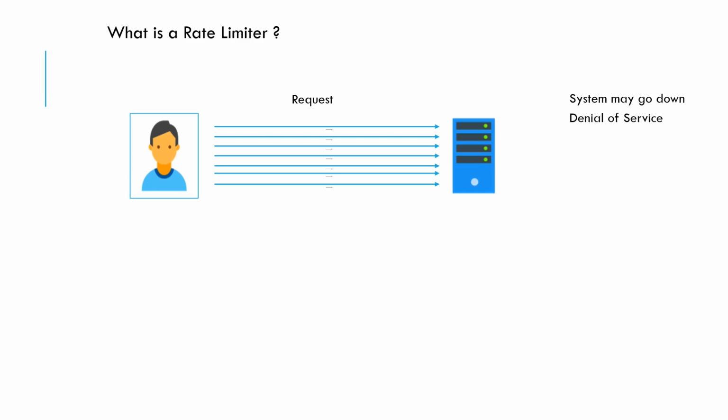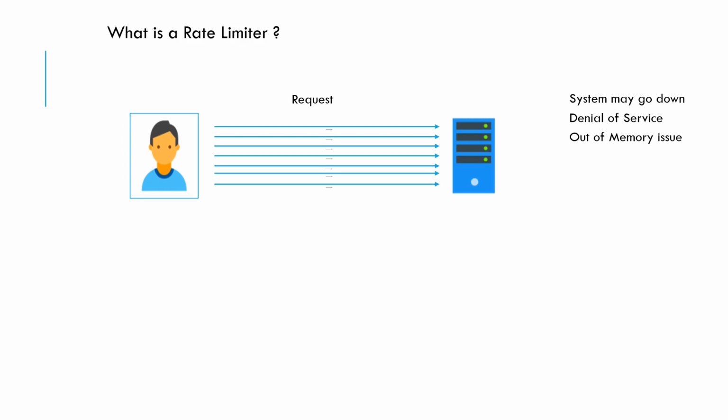Denial of service happens, and there may also be out of memory issues. In a nutshell, whenever too many requests come in, you are unable to provide a response. It is a very bad experience for a legitimate client, because they want to access your system and it is down.